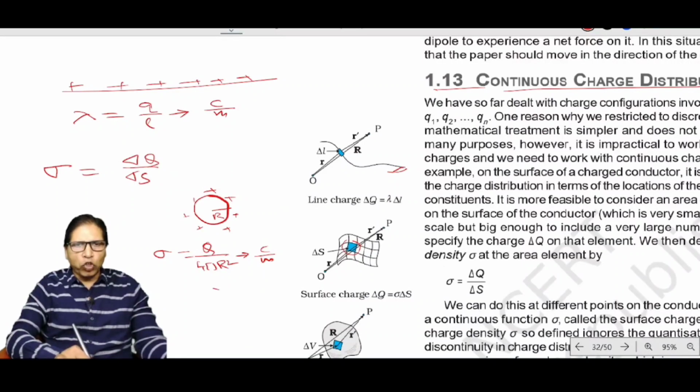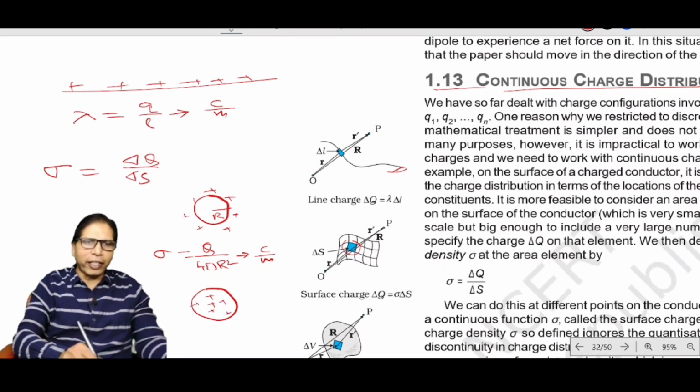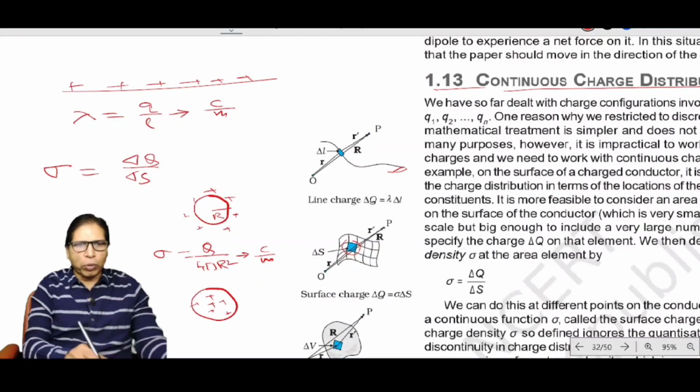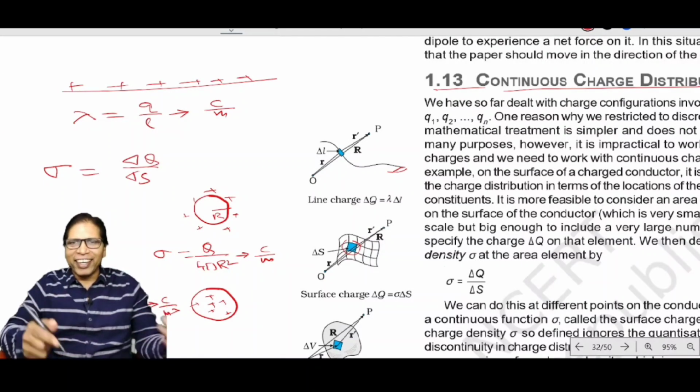Now, for an insulating sphere, charge resides over the volume. So in this case, the volume density of charge rho equals the charge divided by the volume of the insulating sphere, that is 4/3 pi R cube. Its unit is coulomb per meter cube. Okay, understood? Now next.